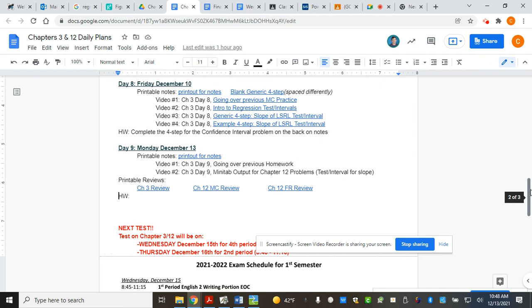And then my chapter 12 just happened to be separate. It's a few short multiple choice reviews and then a free response review. This is for today and tomorrow. The only thing I'm going to do at the beginning tomorrow is go over the homework from Friday. So work in whatever order you want. But I'll go ahead and print all that out for you.